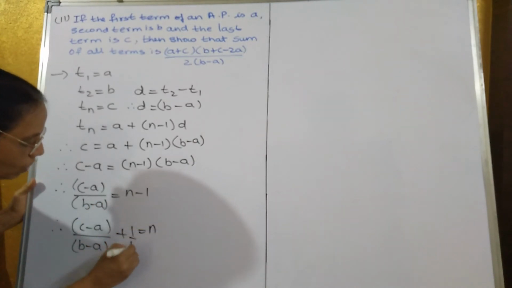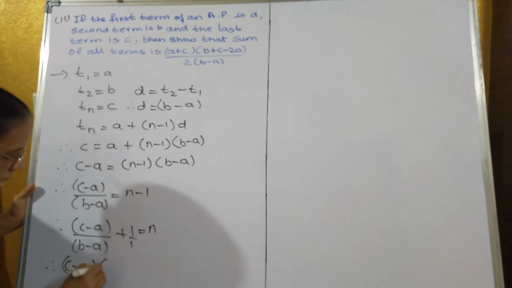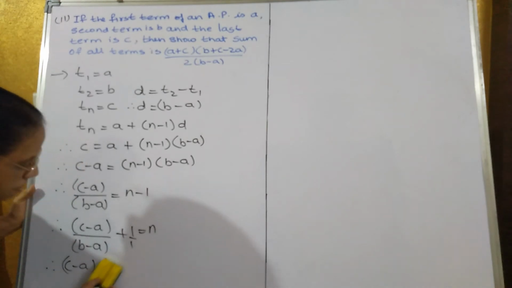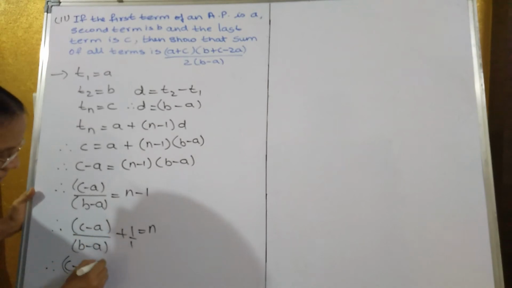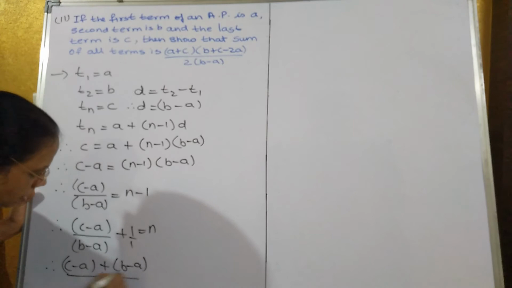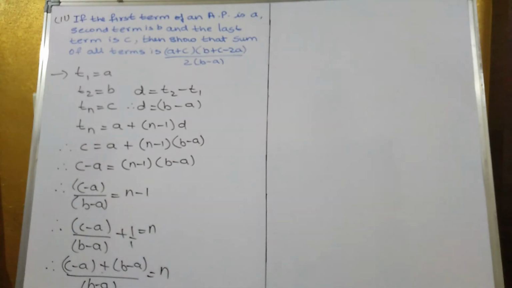Now equalize the denominator. So you will get C minus A, and B minus A you will multiply with 1, so plus B minus A upon B minus A is equal to n. Now open the bracket. What you will get?